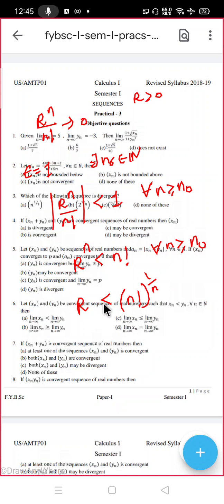Can you conclude something by seeing this? What was my r? Any real number, any positive real number, do you agree? And this is saying there will always exist n such that this will always be greater than r.